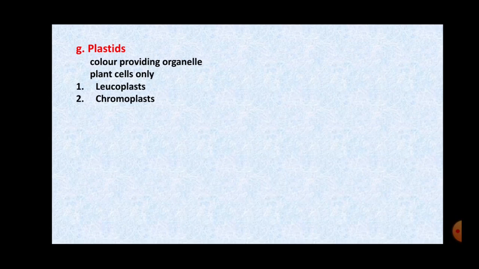There are two types of plastids. Actually, there are three types of plastids: leucoplast, chromoplast and the third is chloroplast. Chloroplast, we know, gives green color. Leucoplast is white or colorless, and chromoplast have different colors.